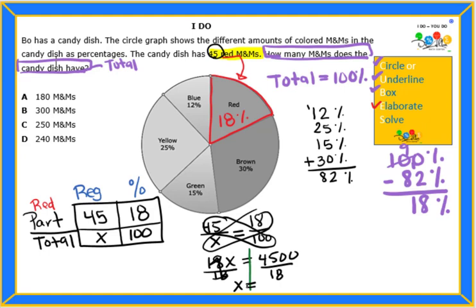But on the other side, we have some math to do. We have 4,500 divided by 18. Let's go ahead and work that out. So 18 can go into 45 2 times. That's going to be 36.